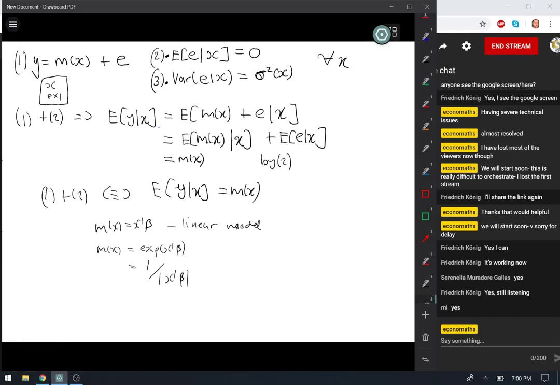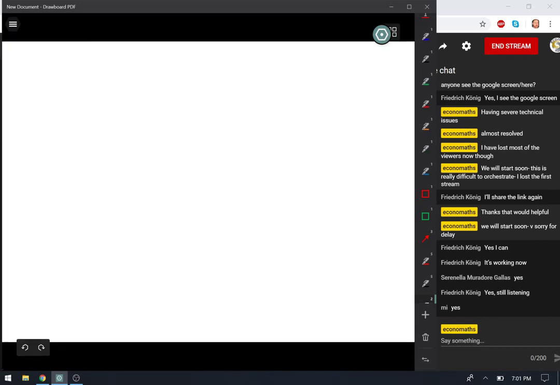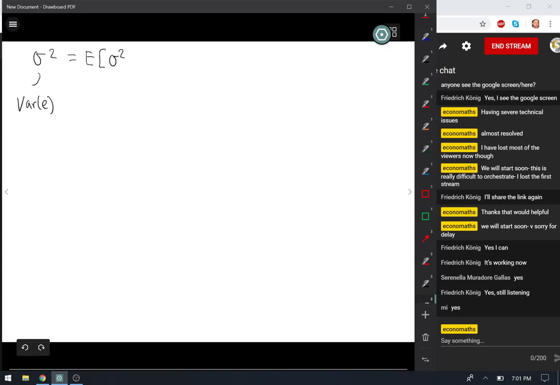So the first bit of the question is asking you to look at the relationship between the conditional and the unconditional variance. Well, this is just a general statistical result. The first bit asks to show that sigma squared, the unconditional variance of e, is equal to the expectation of sigma squared of x.